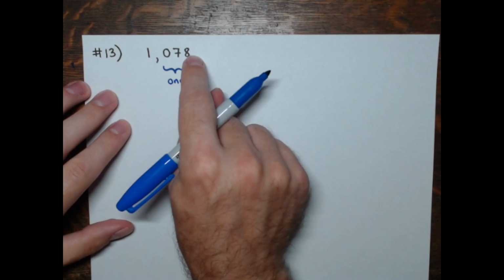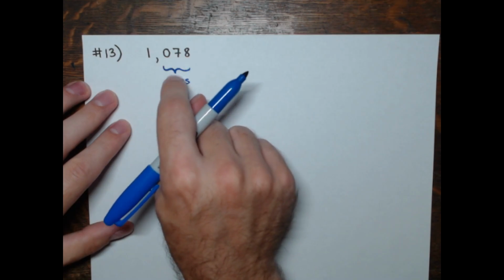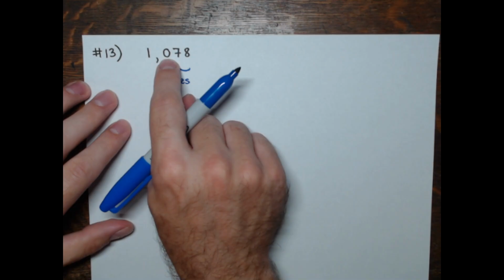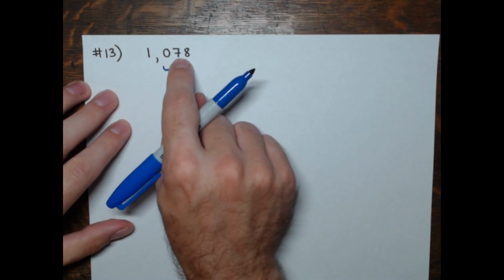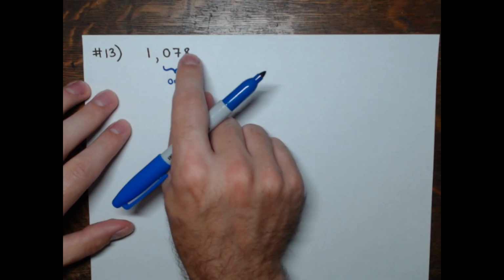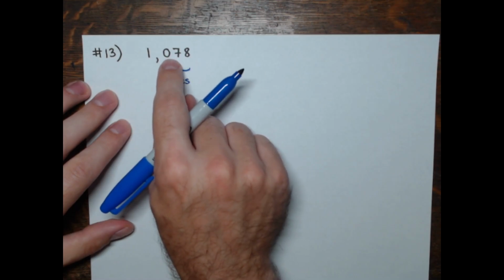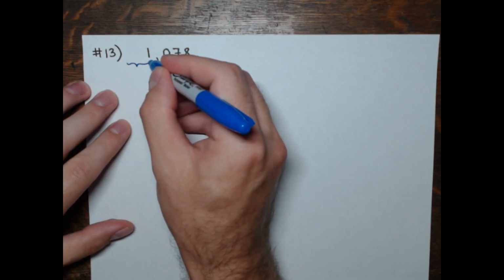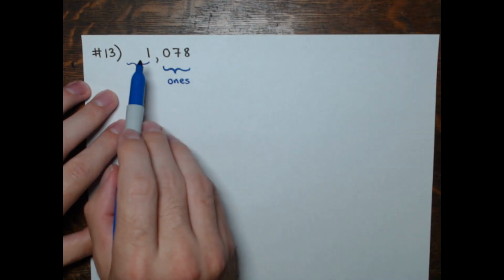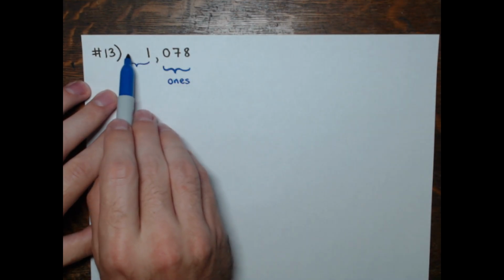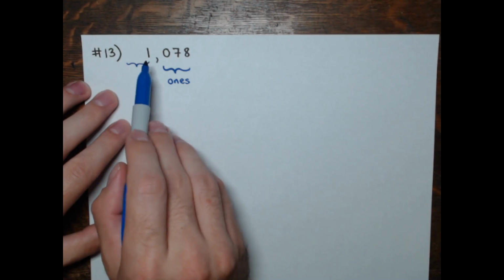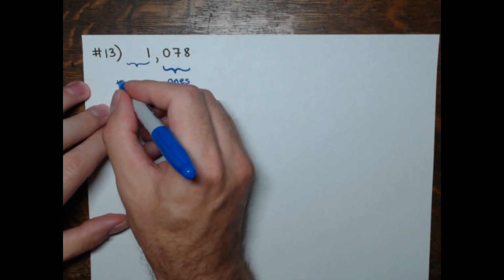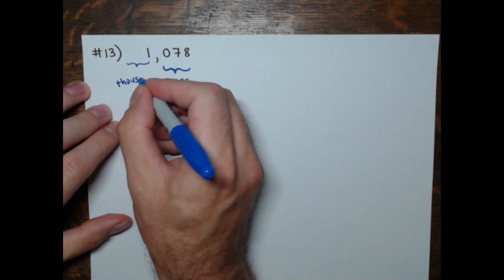You've got the ones place, the tens place, and the hundreds place, and these make up the ones period. And then the next 3 digits, which I know there's only 1 here, but you could technically throw a 0 in those first 2, make up what's called the thousands period.